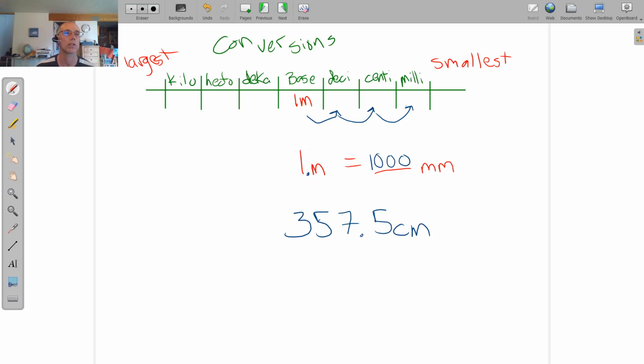So I want to know what this equals in meters. Then starting with centi, I want to move through the table 1, 2 times, but this time to the left. So the decimal would have to go 1, 2 to the left also. So this would be 3.575 meters.